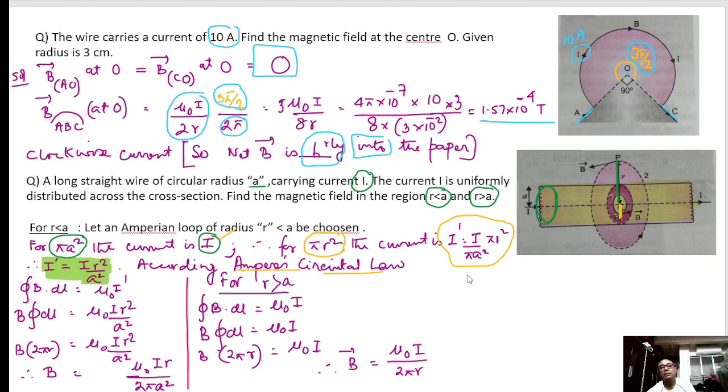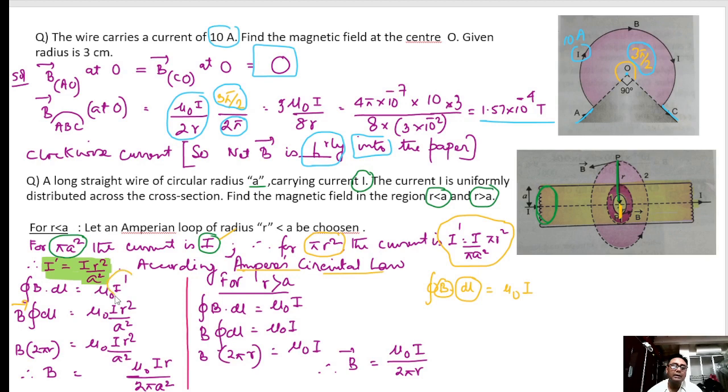As you know, Ampere's circuital law says that line integral of B dot dl equal to mu 0 into I. I is the current flowing through that whole section. dl is the length of the section. B is the magnetic field. Okay. So B goes out, integration of dl.